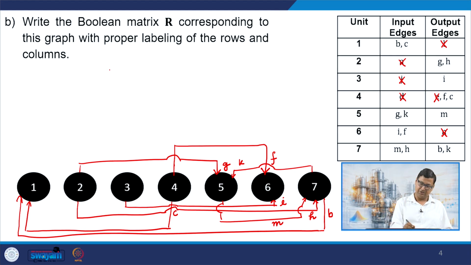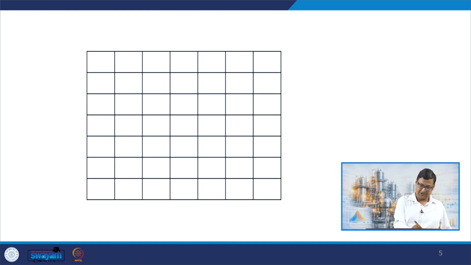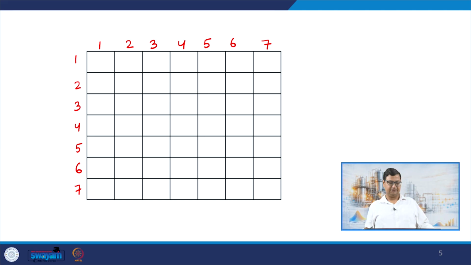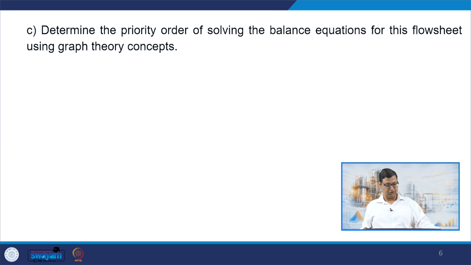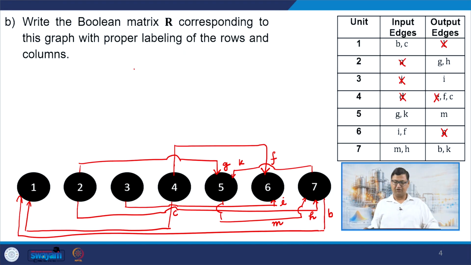So, we do label something like this: 1, 2, 3, 4, 5, 6, 7, 1, 2, 3, 4, 5, 6, 7, and from 1 we have to see where are we going to. So, we can see here from 1 there is no output. So, from 1 we are not going anywhere.